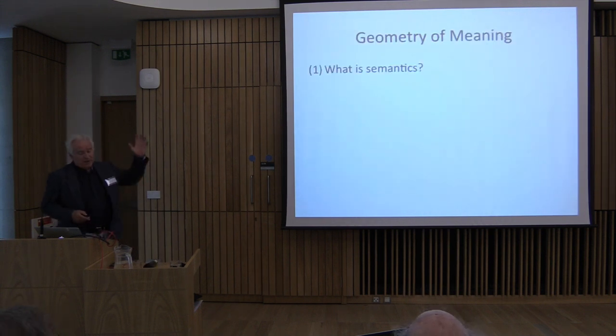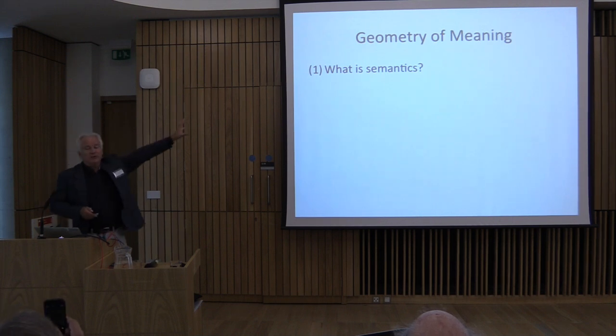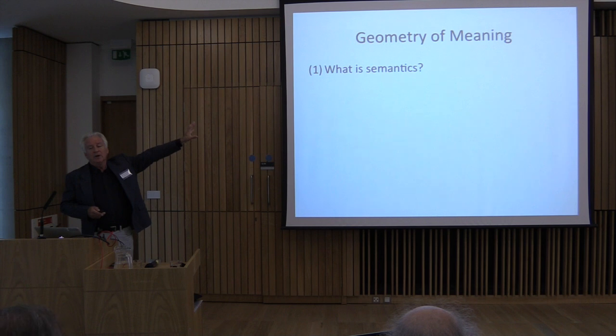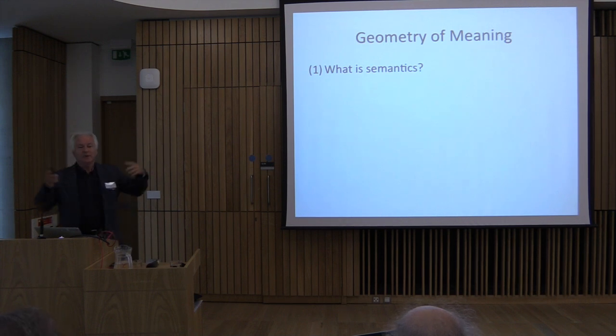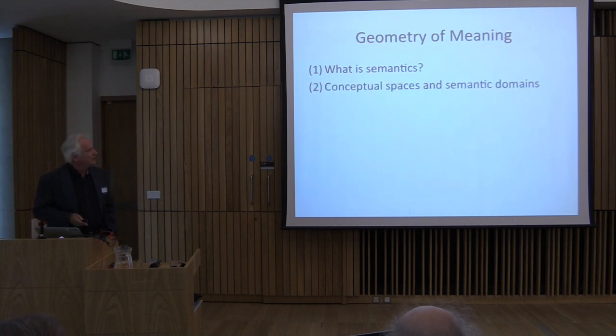So now I get to the menu for today. First question is a very philosophical question. What is semantics? I will talk about what a semantic theory should do. I mean, what are the requirements for a semantic theory? Then I introduce my idea, my basic framework, conceptual spaces, and what I call semantic domains.